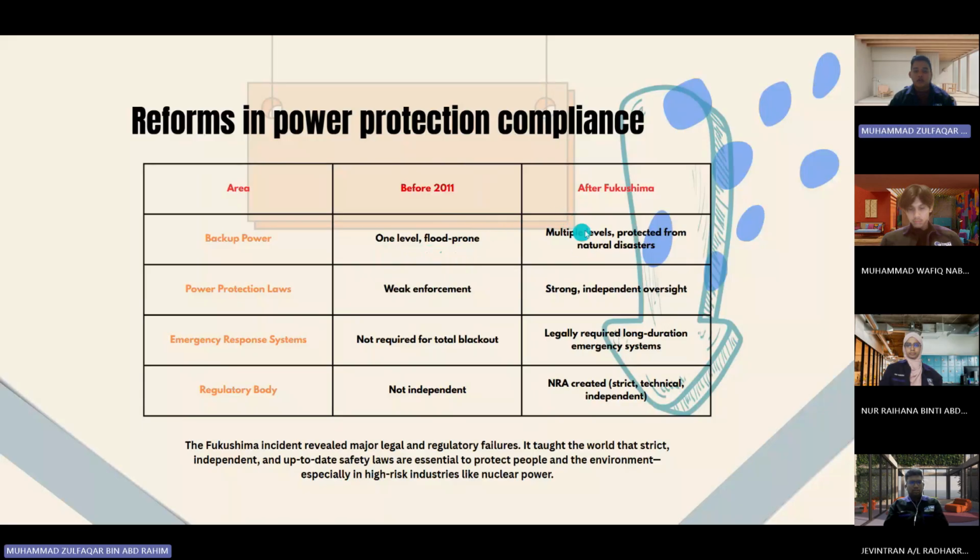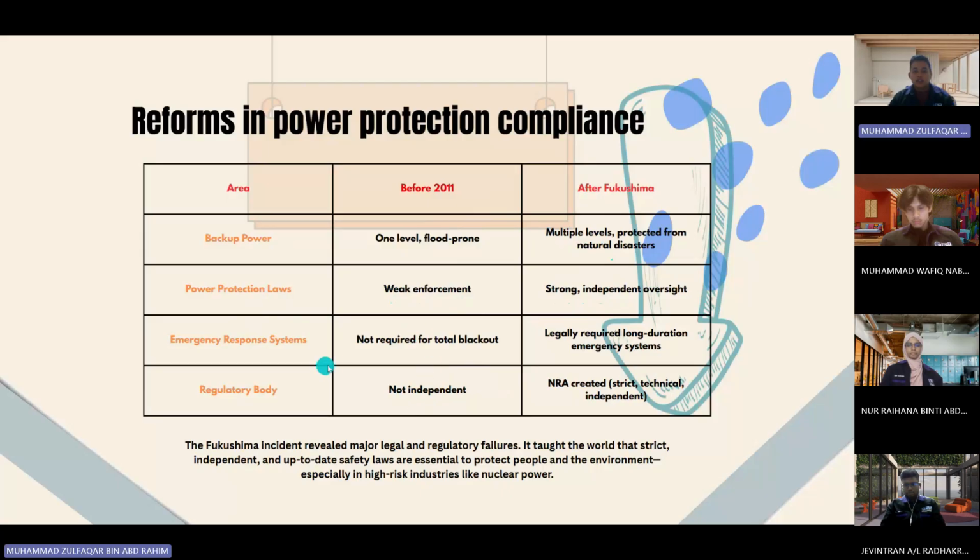After the Fukushima case, they upgrade to multiple level protect from natural disaster. Power protection law before the Fukushima is weak enforcement. After that, it upgrade to strong and independent, not under any ministry that promote the nuclear.